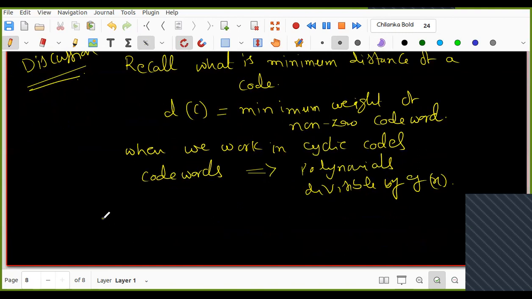So what is the weight of some polynomial? Weight of f(x) equal to what? Can you say something?